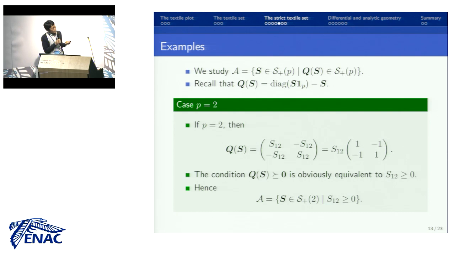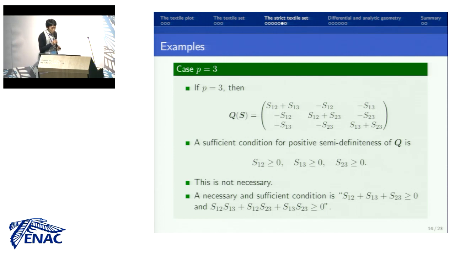So the condition that Q of S is positive semi-definite is obviously equivalent to this quantity S12 being non-negative. So in the two-dimensional case, the set A is given by this one.